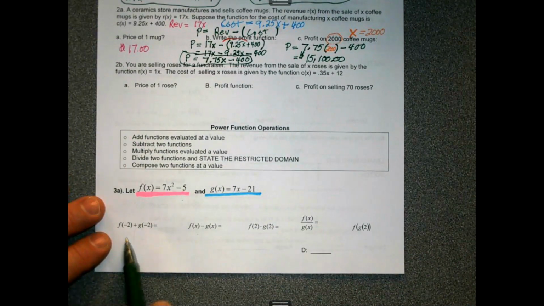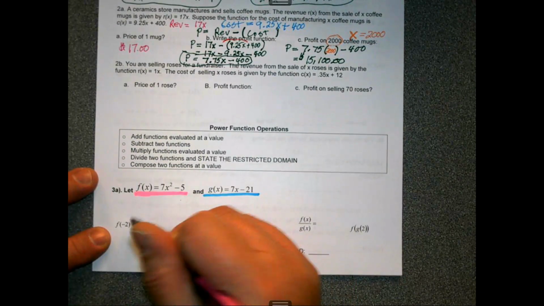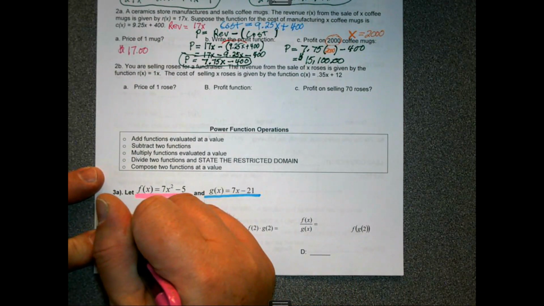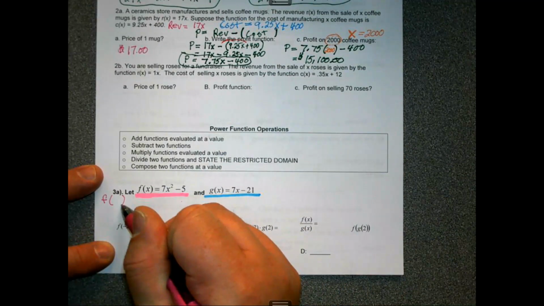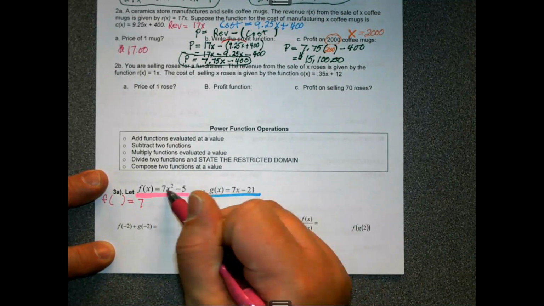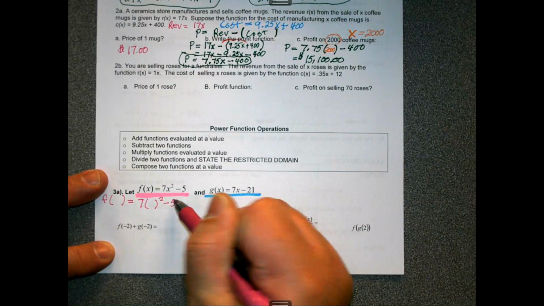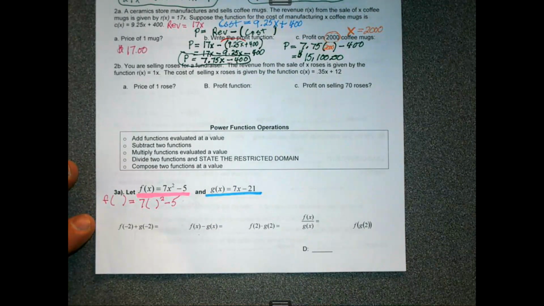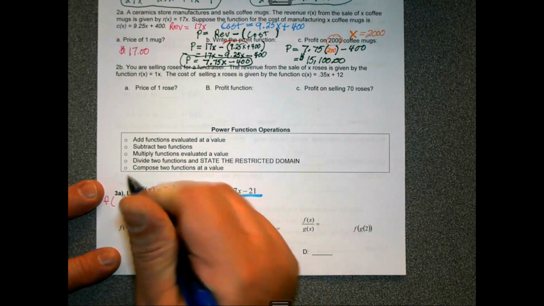So the first one, they are giving us a value for our x. So we have to substitute it in. And again, I'm going to put parentheses where the x's are. So I have 7 times x squared minus 5. Then I'm going to substitute in negative 2 for x.